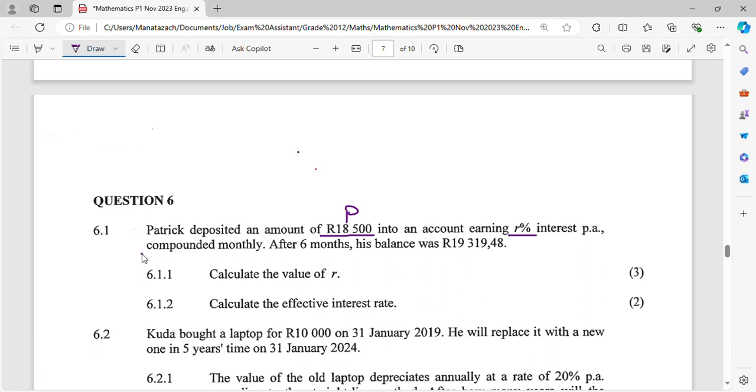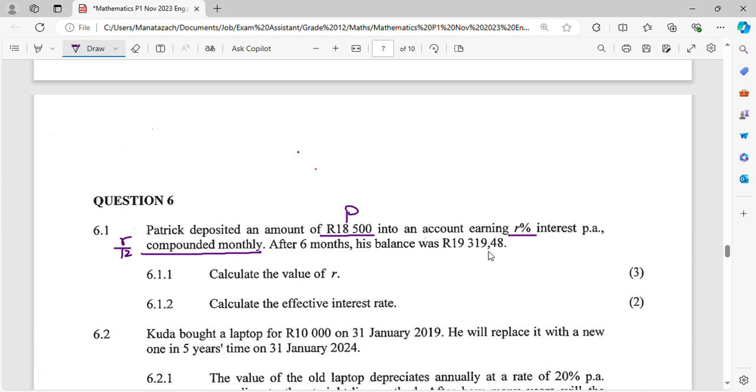It's compounded monthly, which means in a year you've got 12 months, so our R will be divided by 12.